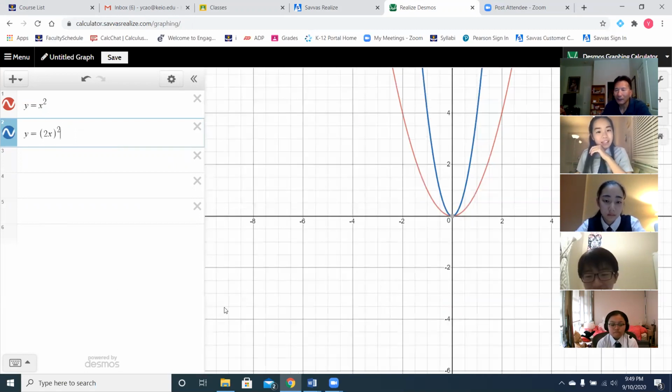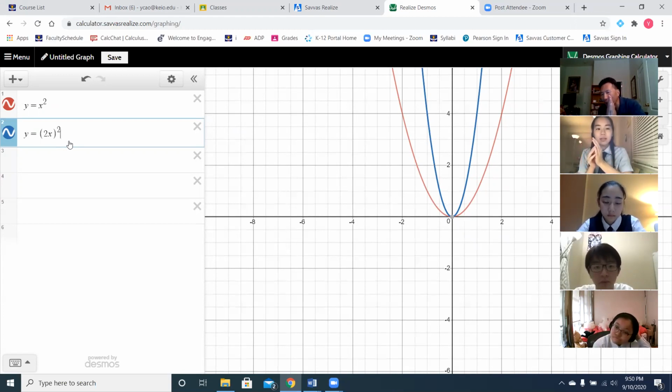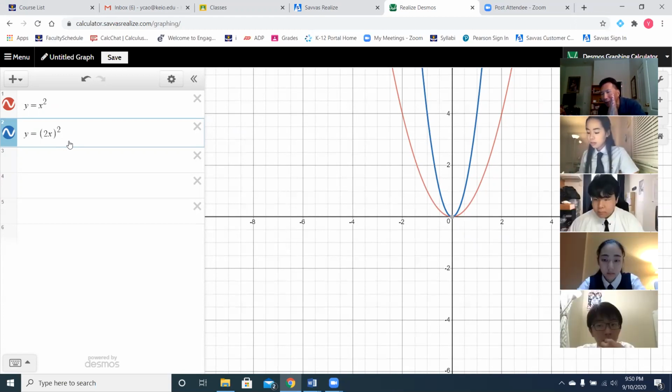So what happened in this case? Original is the red one, new one is the blue one. What happened? Tell me. You push them together, right? We call that compress. Compress about how much? Original here is 1, you compress it to become 0.5.